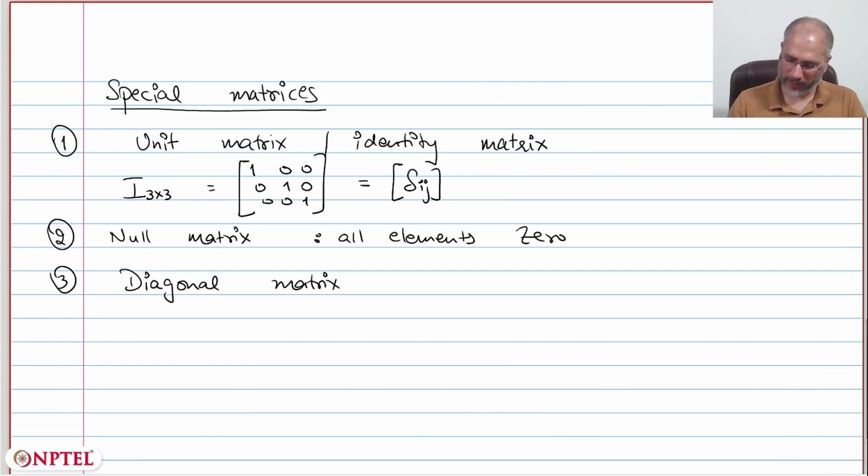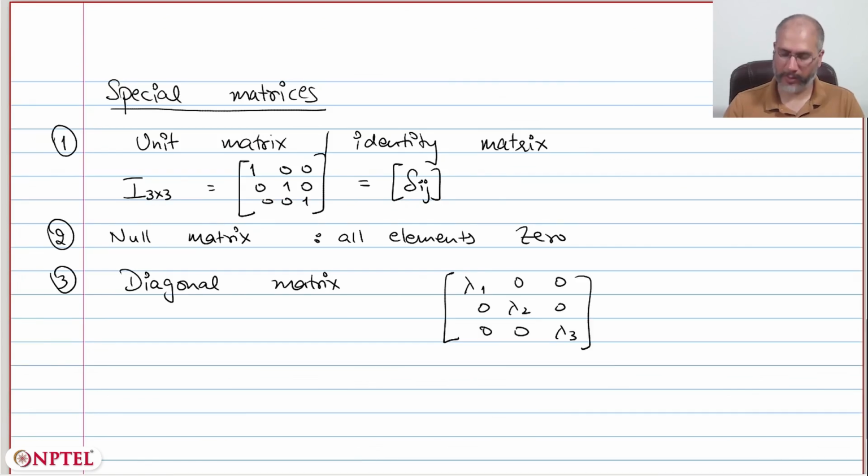In this matrix, only the diagonal terms are non-zero, all other terms are 0. But the diagonal terms can be different. So typically we denote them as lambda 1, lambda 2 and lambda 3, and the other elements are all zeros. So we'll be dealing with matrices like this. In problems, you'll read that there's a diagonal matrix or there is a unit matrix, so we must understand the meaning of these words.